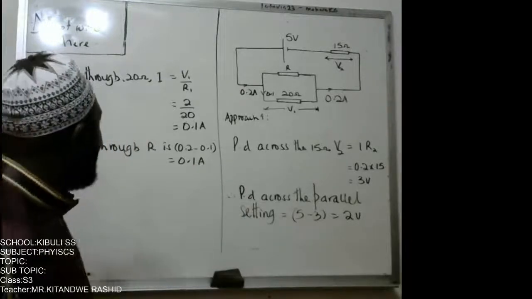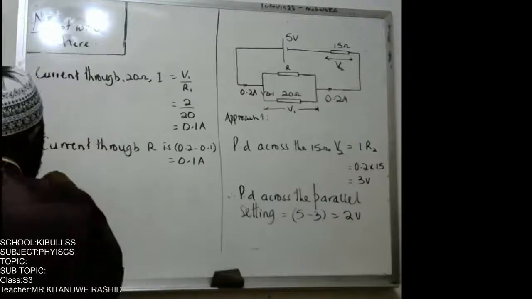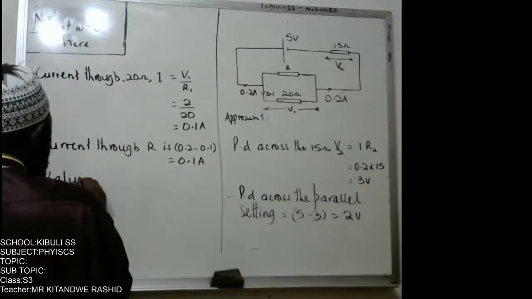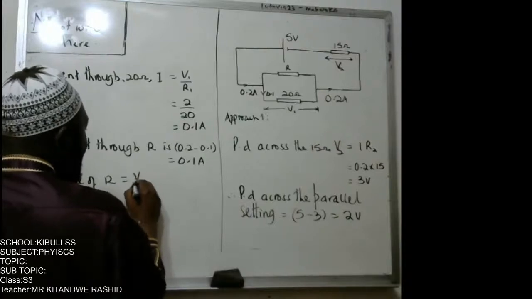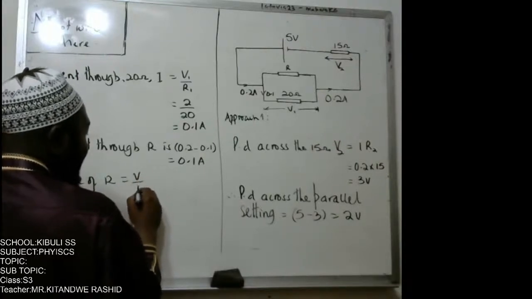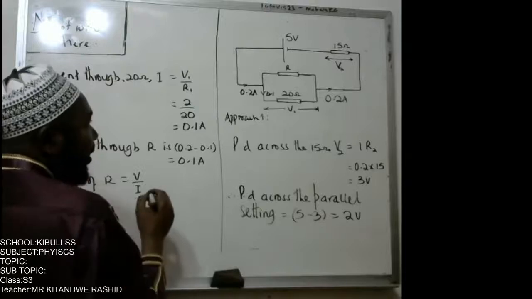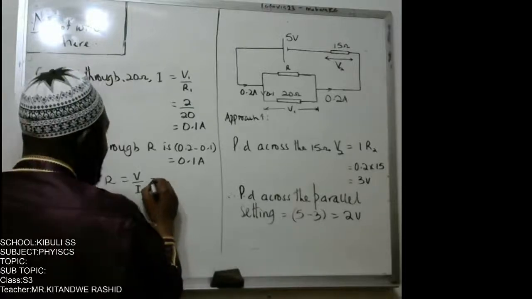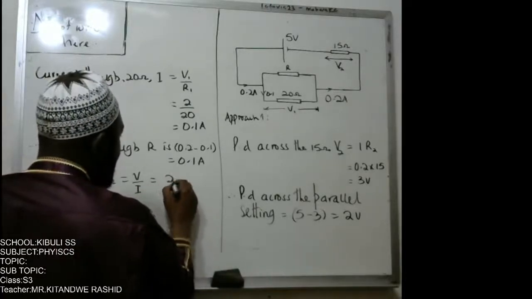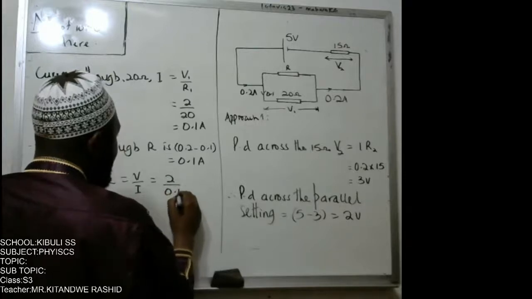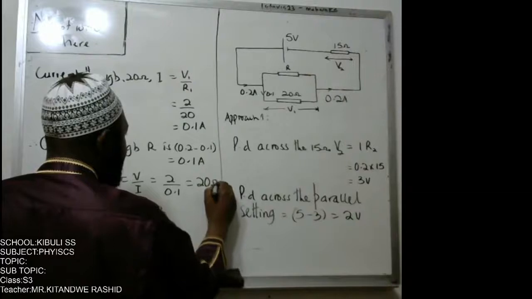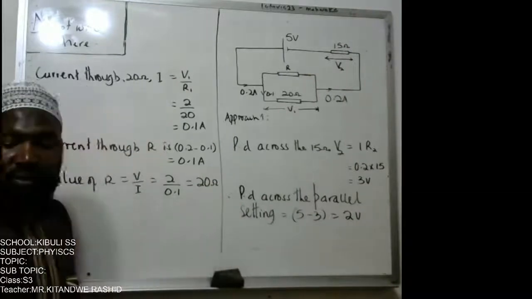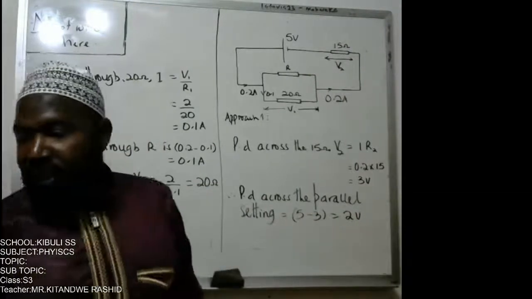So therefore, the value of R is equal to V over I. If the V is now 2 and the I is 0.1, this gives 20 ohms. You see that? So that is one approach.